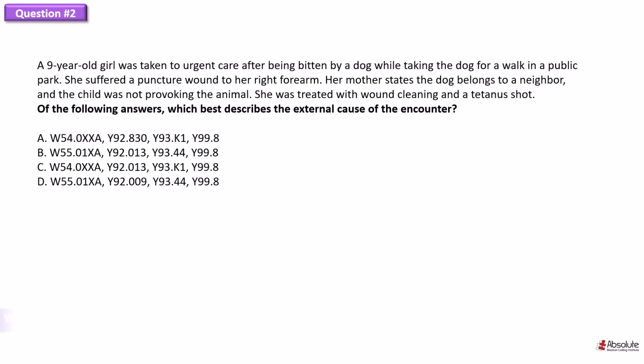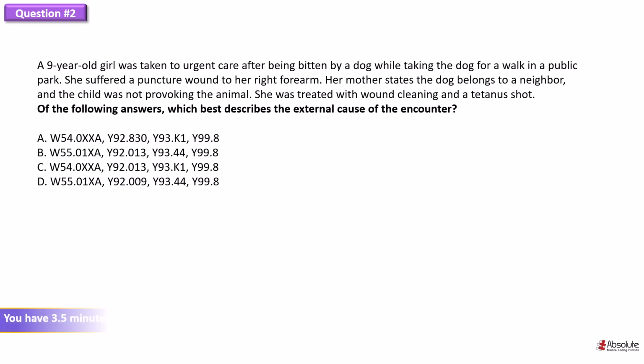Option C, W54.0XXA, Y92.013, Y93.K1, Y99.8. Option D, W55.01XA, Y92.009, Y93.44, Y99.8.